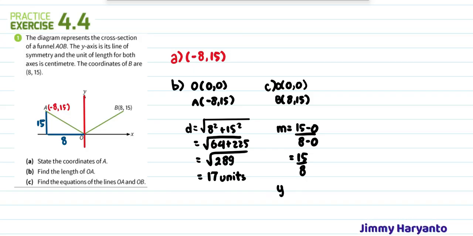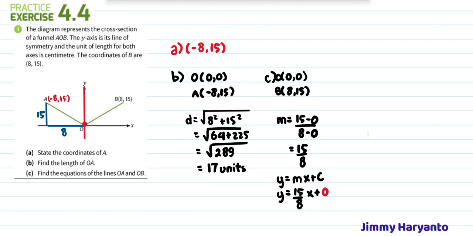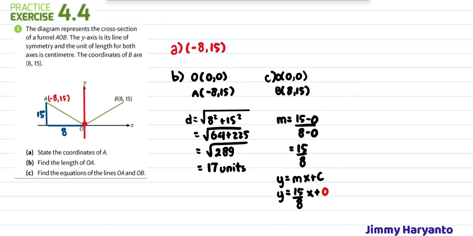So the equation will be y equals mx plus c. Why do I choose this formula? Because we have the y-intercept, which is 0, 0. So c will be 0. Yeah. So the first one is y equals 15 over 8 x for OB.